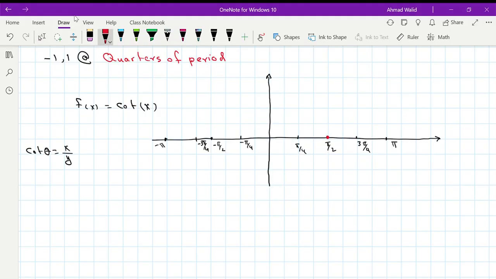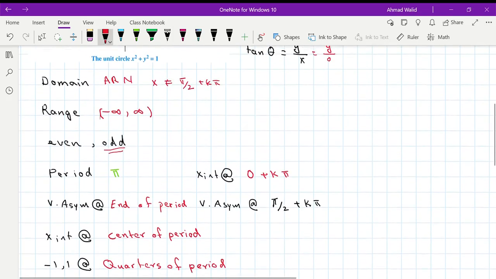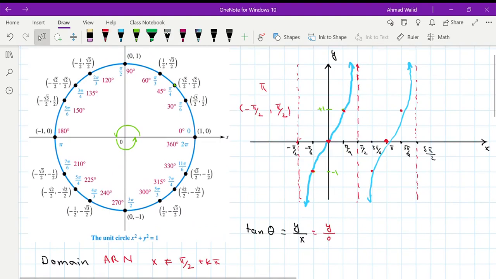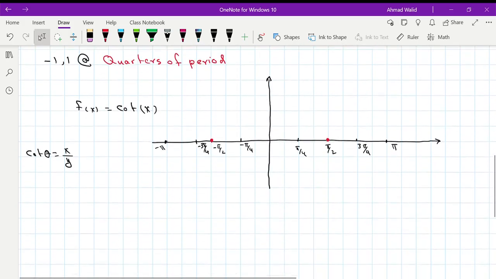Also at negative pi over 2, it is 0. Correct? Wherever you have 0 for your tangent, zeros become vertical asymptote for cotangent.